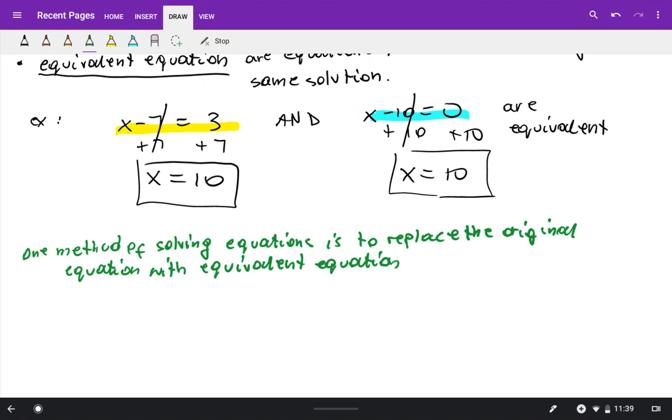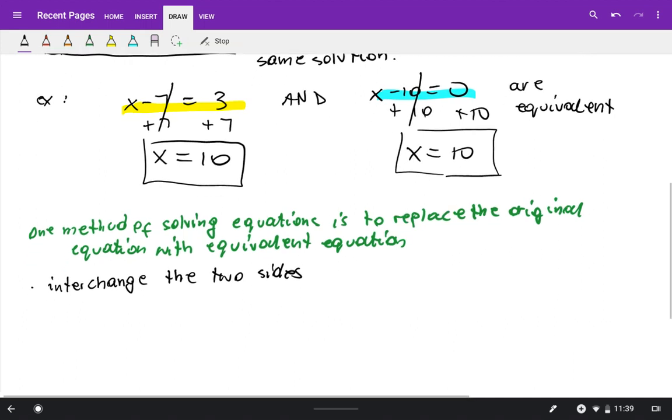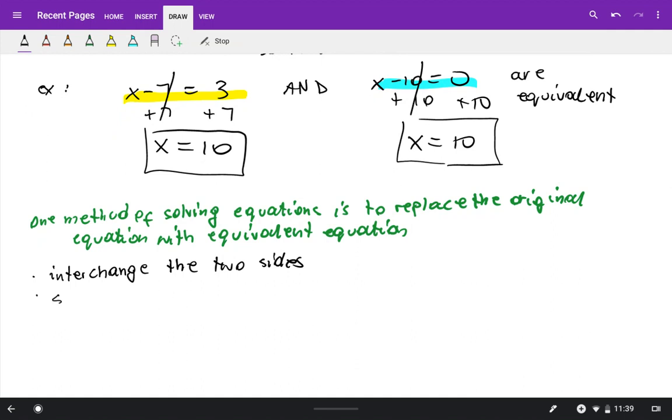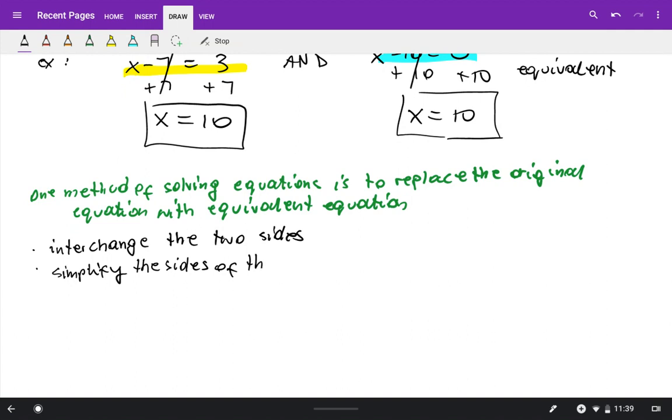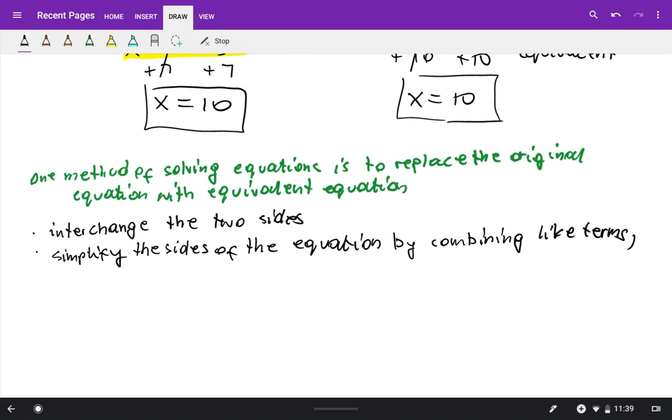We're going to interchange the two sides, simplify the sides of the equation by combining like terms, eliminating parentheses, and so on.